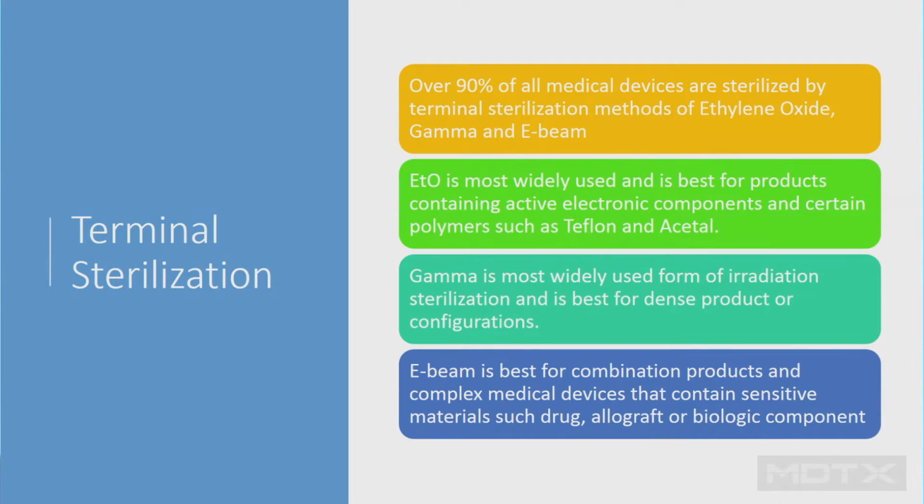Ethylene oxide is, again, the most commonly used. You would want to use ethylene oxide if you have a medical device that contains any active electronic components, memories, semiconductors, or if it contains fluoropolymers such as PTFE or Teflon, or acetal.